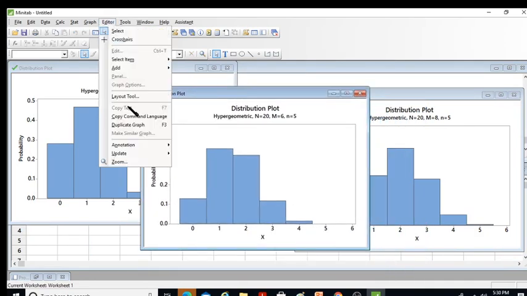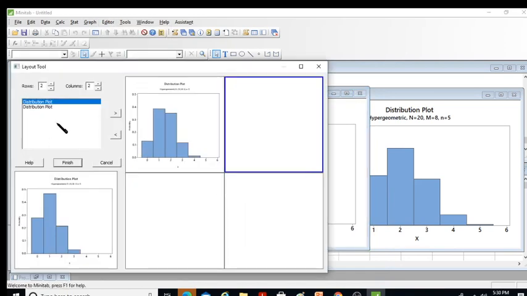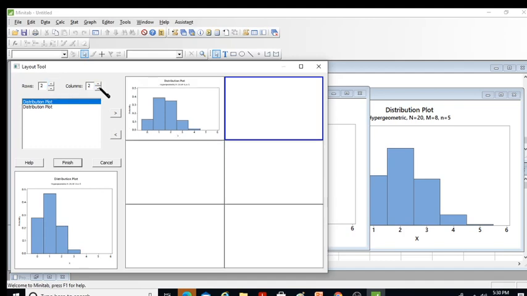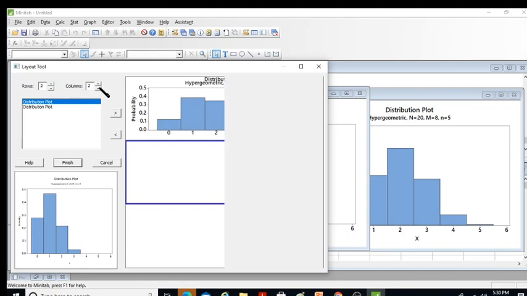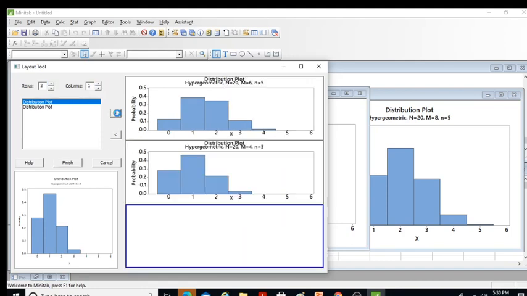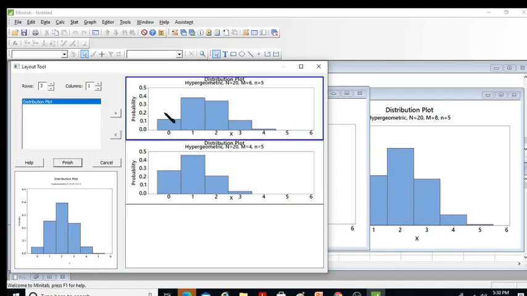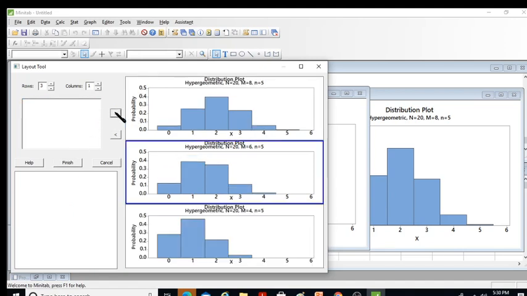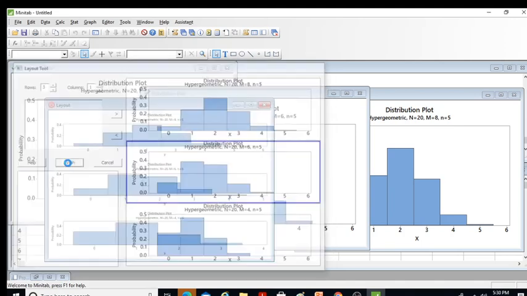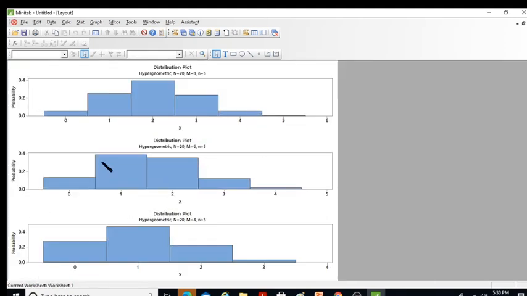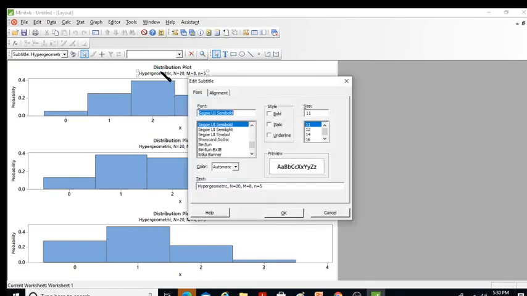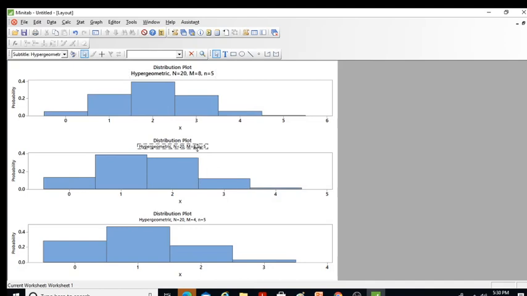Go to the editor toolbar using the layout tool, and here you have, for example, 3 rows and 1 column. What you want is this graph to be on this side for 4, and this one, let's say, for 8, 6 and 4. Just finish that. By doing that, you will be able to see all these 3 graphs on this scale, and you can make it bigger in size.